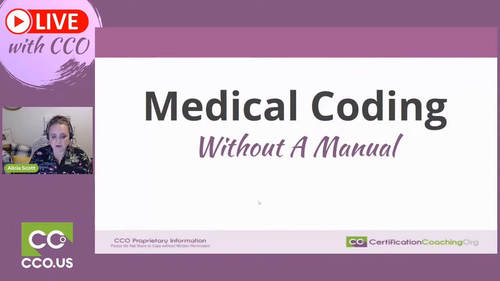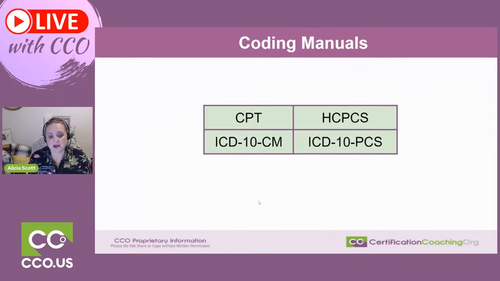I'm going to walk you through the encoder that we use at CCO, the one that I use when I do any other work, whether it's contract work or I work for another entity. We all kind of pick up side jobs. It is the encoder that works best for me.